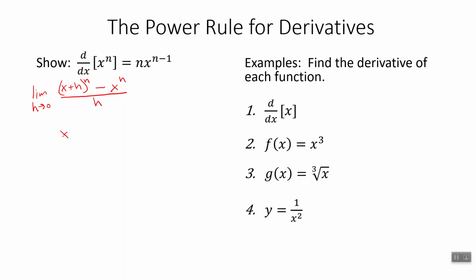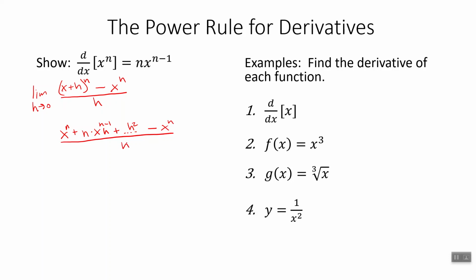We would get x to the n plus n times x to the n minus 1 times h, plus some other terms. All the other terms will have h squared or more, and then we have minus x to the n, all over h.